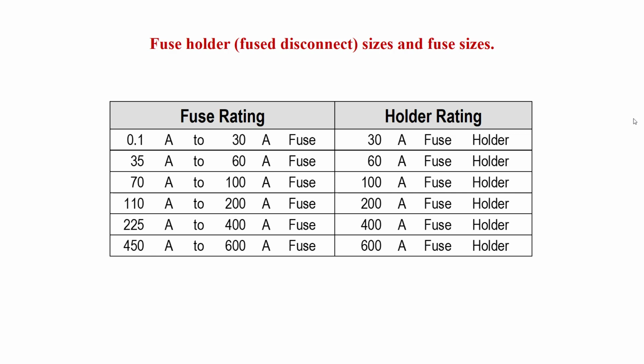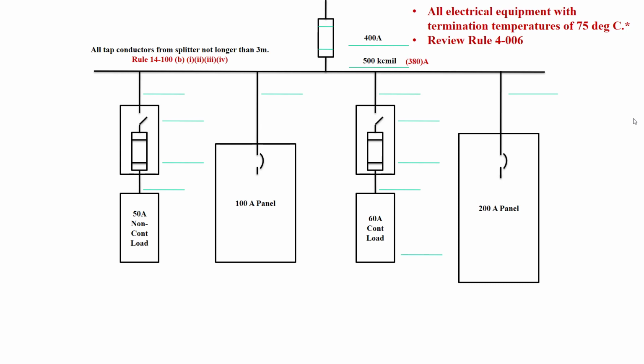So I'm going to put up an example, and it's got a few things going on. Recall once again, at any time in this video, I'm going to be referring to a lot of rules and tables as well, so you can pause this video at any time and go review those rules or tables and look them up. Actually, I strongly urge you to do that. In this scenario, we've got our feeder coming in.